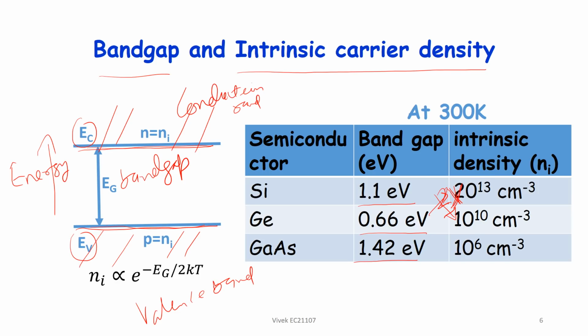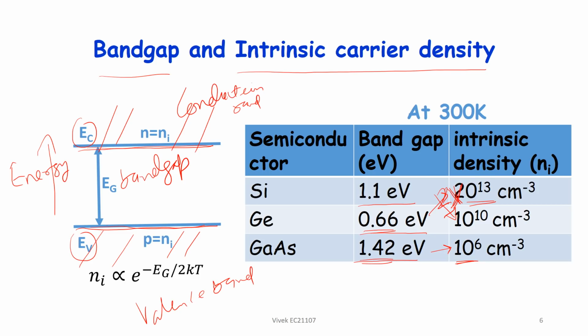For gallium arsenide it is 10 raised to power 6. So you notice here, if band gap is more, intrinsic carrier concentration is less. If band gap is less, intrinsic carrier concentration is more.